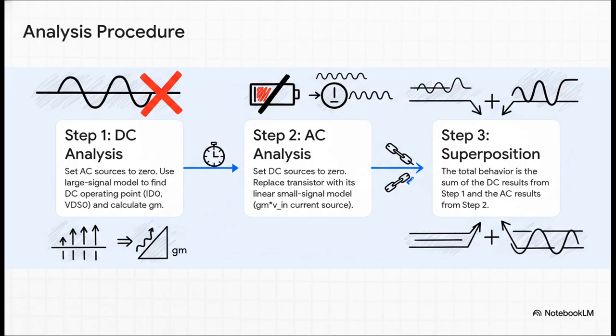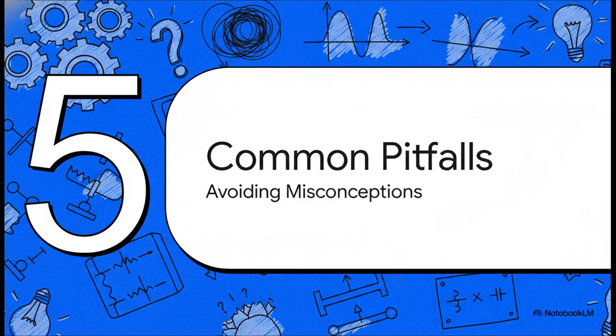This is also where you calculate the value of GM. Step 2, AC analysis. Now you do the opposite. You kill all the DC sources, you ground them, and you replace the complex transistor with its super simple linear small signal model. And finally, step 3, superposition. The total behavior of the circuit is simply the DC part from step 1 plus the AC part from step 2. It's incredibly elegant.